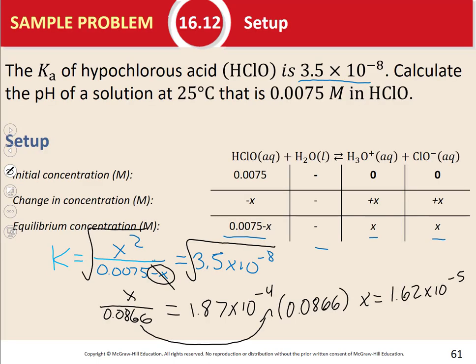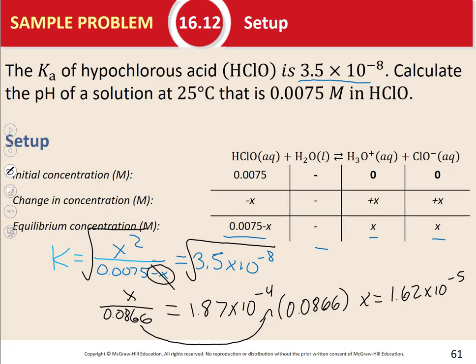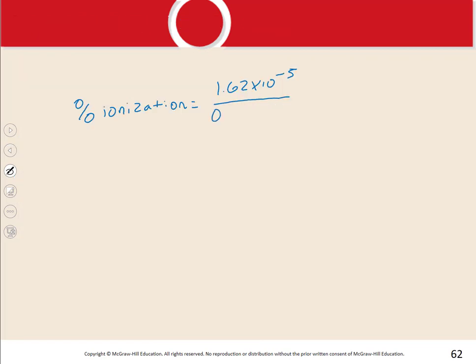In this case, it ionized by X amount, that 1.62 times 10 to the negative fifth, divided by your initial starting concentration, which for this problem was 0.0075, and then times 100 to make it a percentage.